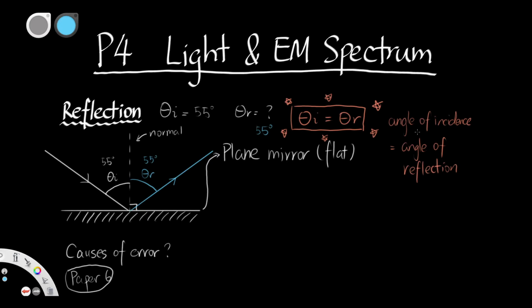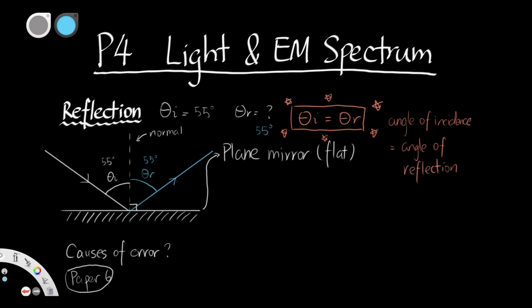We know that angle of incidence is equal to angle of reflection, or theta I equals theta r, and you have to remember that. Draw some stars beside it. Circle it, box it, whatever you want. But make sure that you memorize that for the test. It's pretty easy because it's not very hard math. It's just an equal sign.